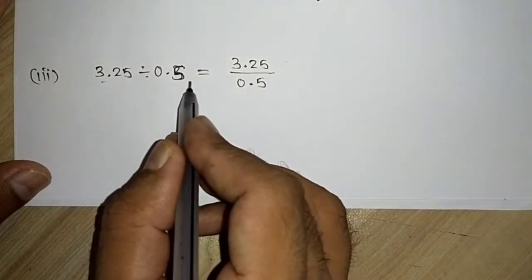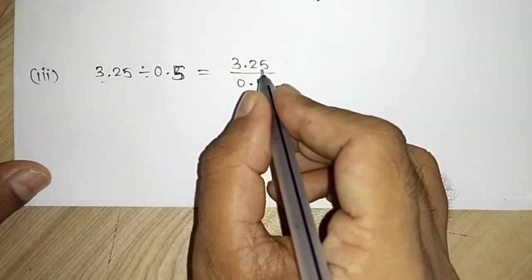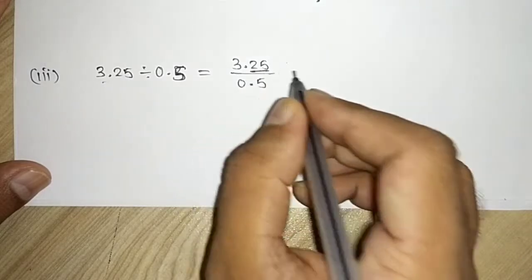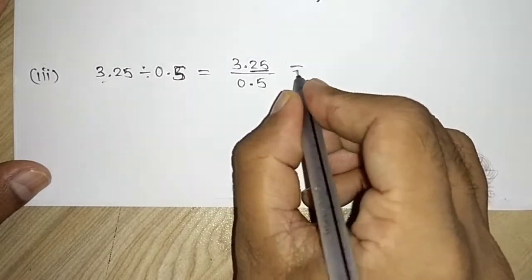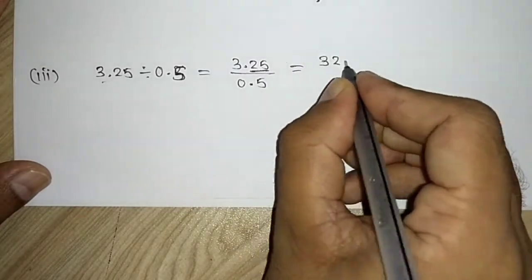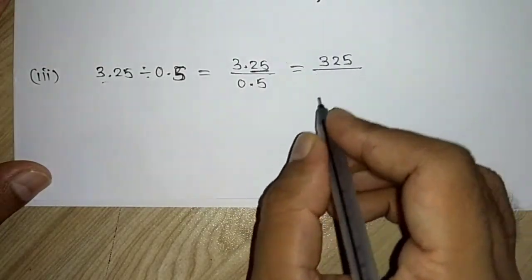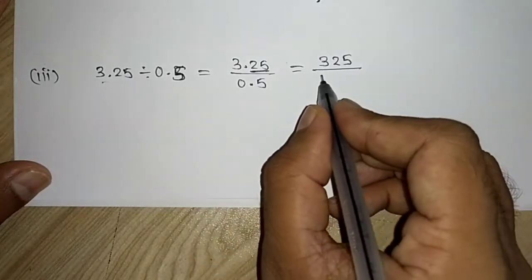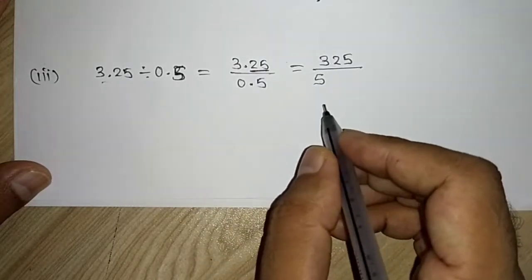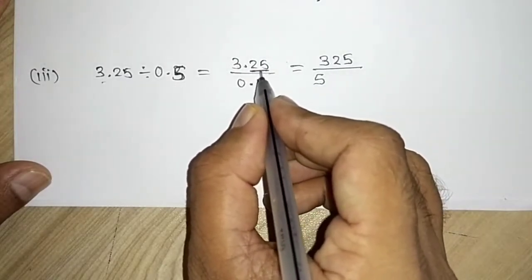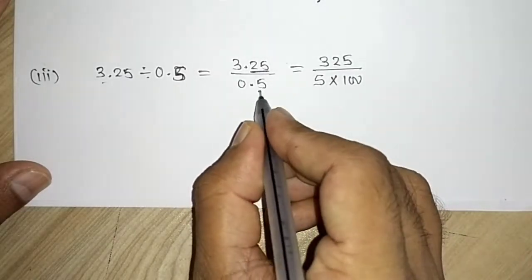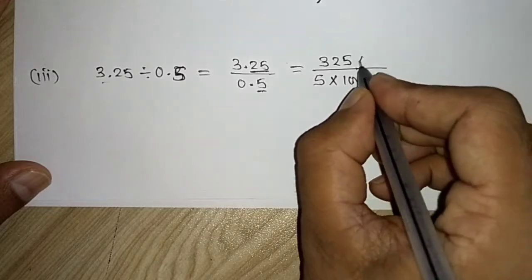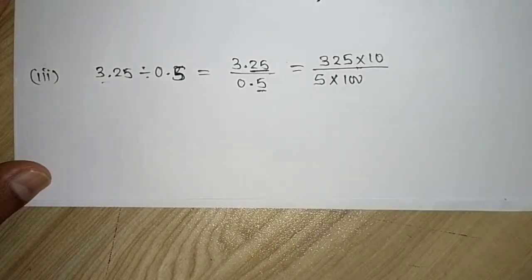3.25 divided by 0.5 can be written like this. You can see the decimal places in the numerator are 2, so we will remove the decimal point, so it will become 325. Down also we will remove the decimal point, so it will become 5. How many decimal places have we removed above? 2. So we will place 100 below. 1 decimal place is from the denominator, so we will place 10 above.